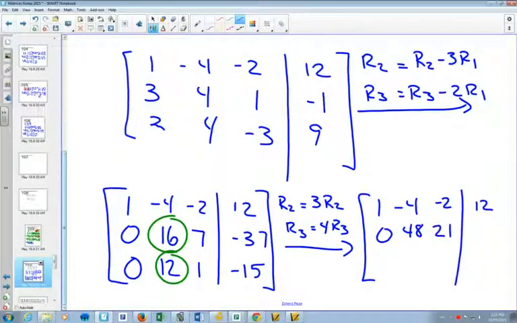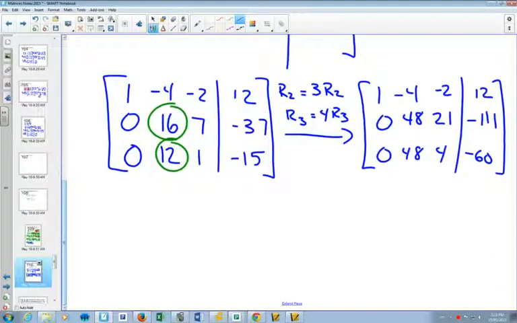Timesing this one by 3, 111. And this one by 4, and now we can get that 0 quite easily.